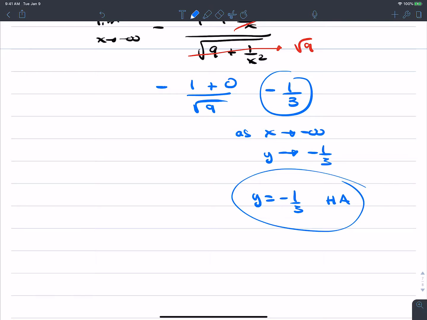So you have two different approaches for this function. As you go to the right, x goes to positive infinity, your horizontal asymptote is 1/3. As you go to the left, it's negative 1/3. But that's what you're going to have to use for this kind of question when you have that square root. So I just wanted to give you guys that note.